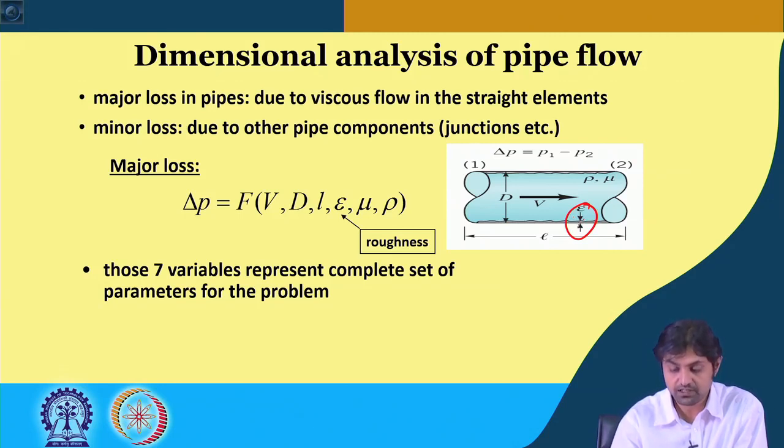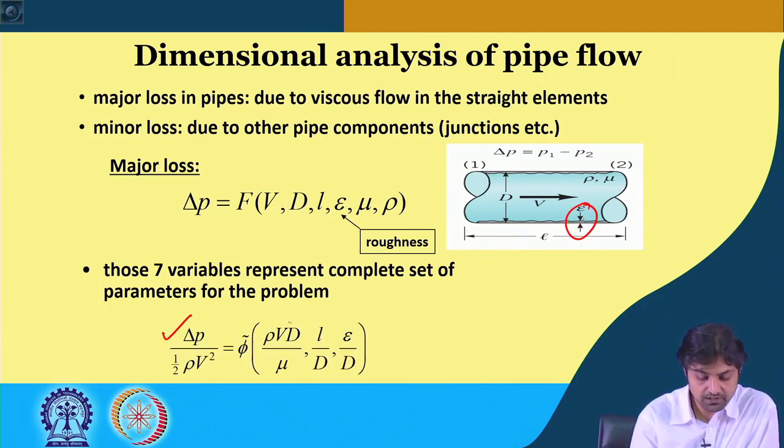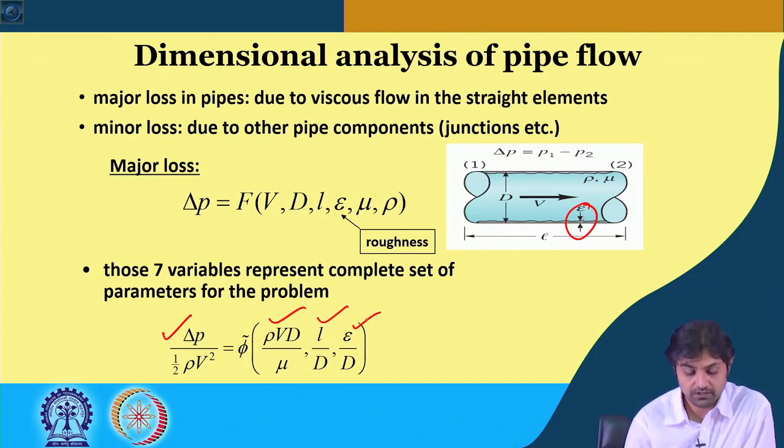This is the roughness element as I showed you before as well. We will get 1 dimensionless term, 2nd, 3rd and 4th. All right, as we said, k minus r, 7 minus 3, 4 dimensionless terms.